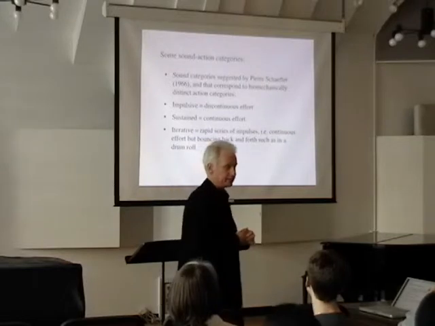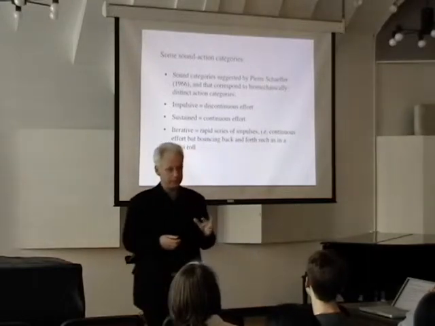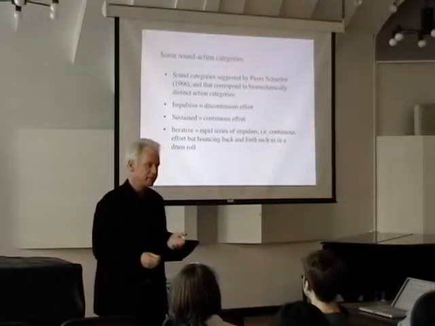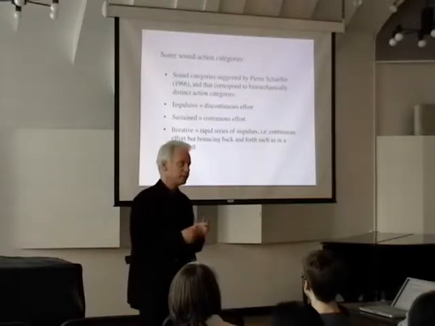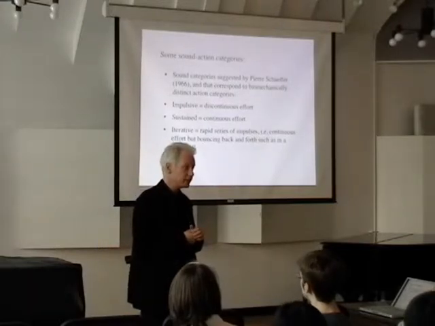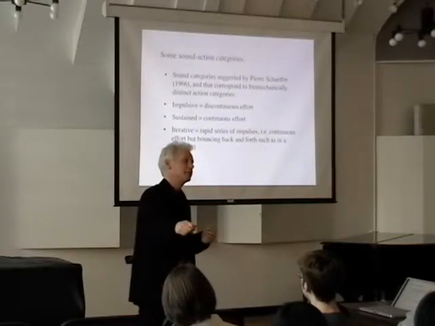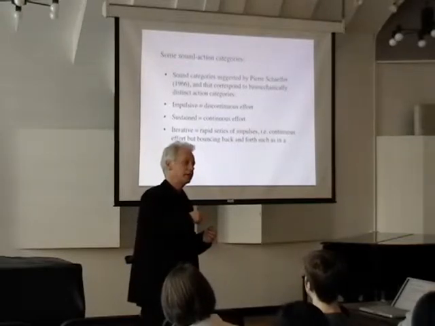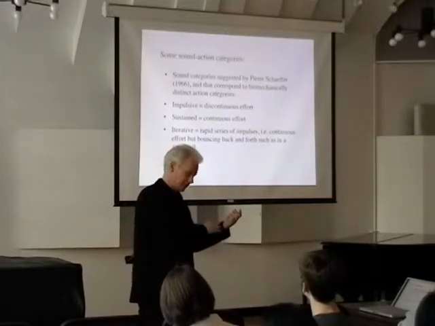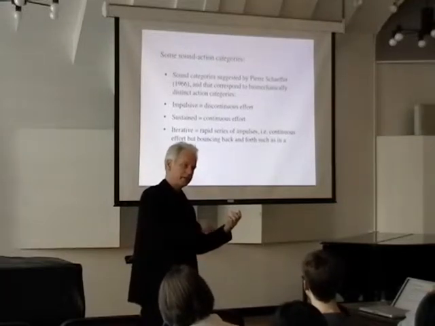And biomechanically, those three categories are actually very distinct, because an impulsive movement, sometimes also referred to as ballistic movement in the movement literature, means that you have a sudden exertion and then you just bounce back. Whereas a sustained effort is a continuous energy transfer.